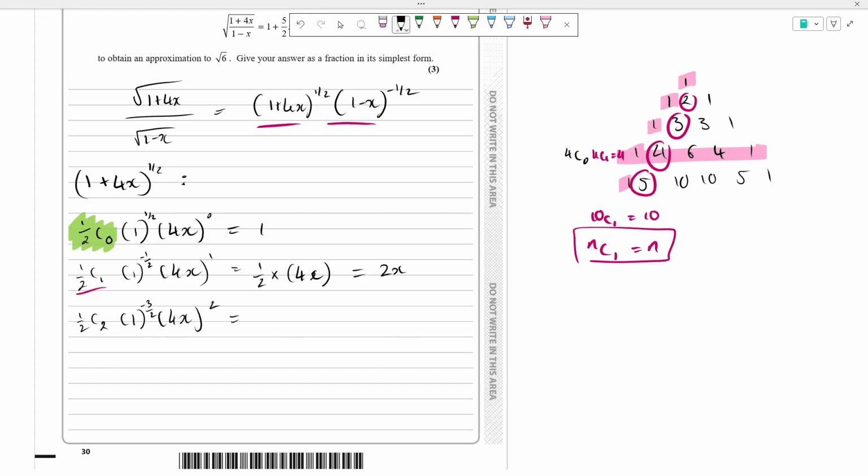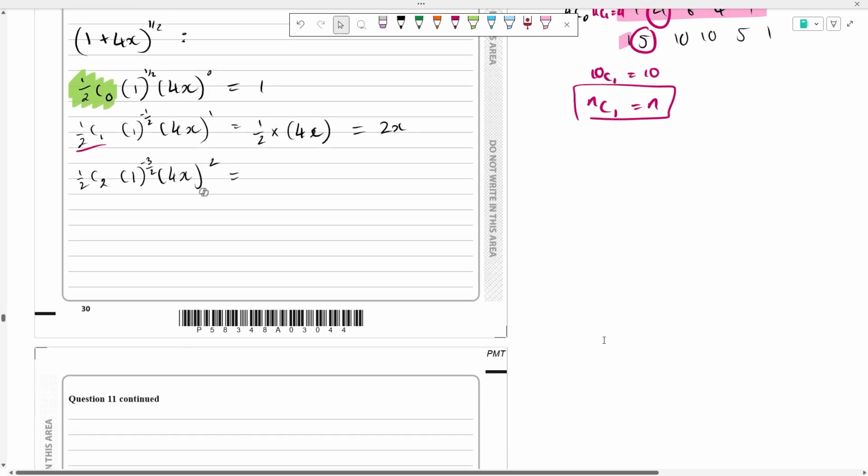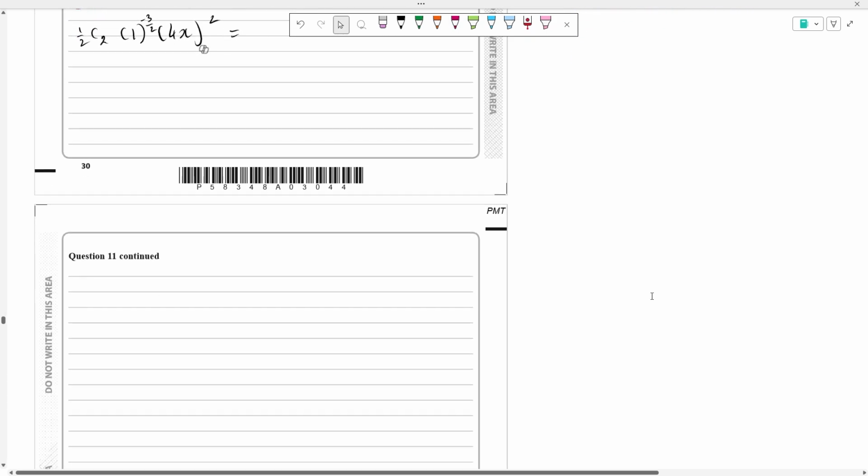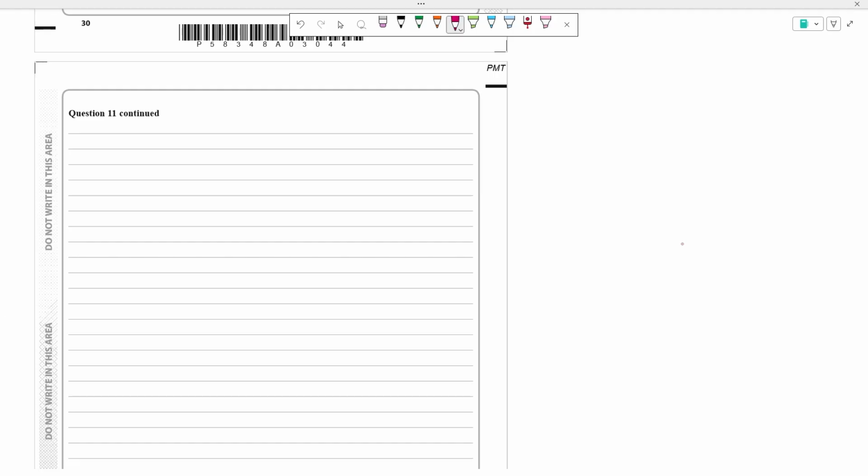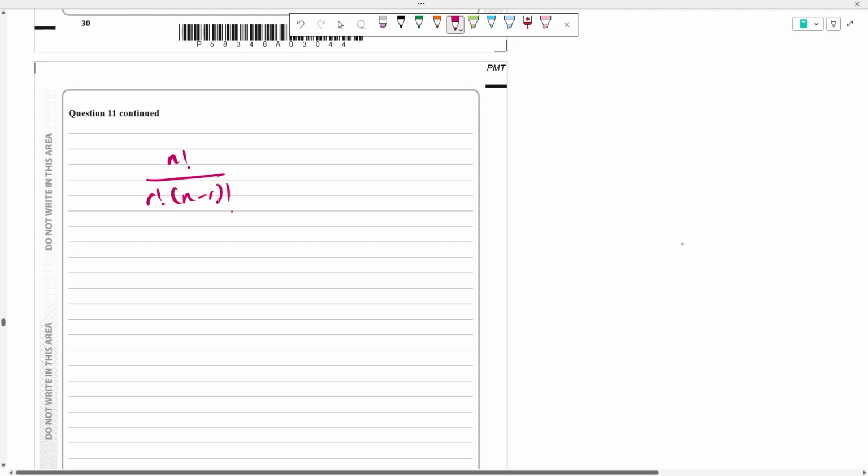Cool. Next line. Now this part is a bit more tricky. You can kind of derive this from the formula book itself, but I'll show you where it comes from, and you can skip this part because it's not really necessary. But essentially where it comes from is the following: n factorial over r factorial times n minus r factorial. You might recognize this formula.